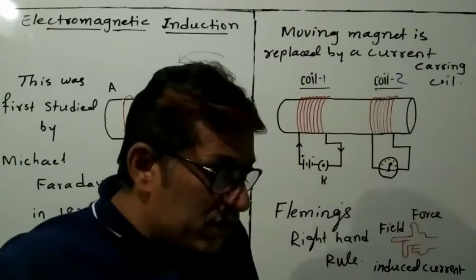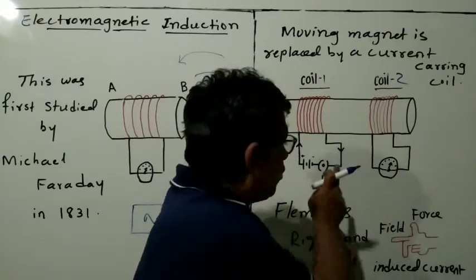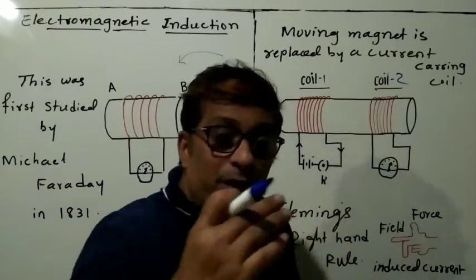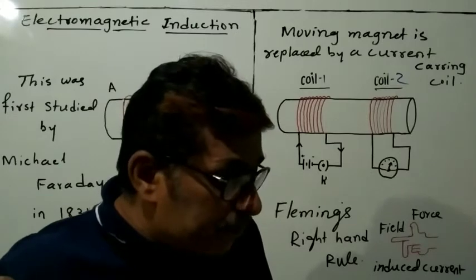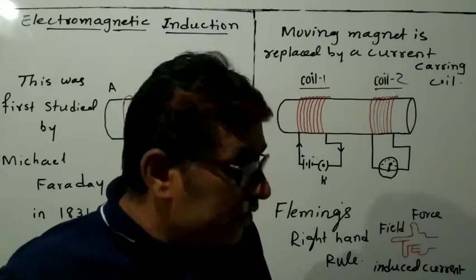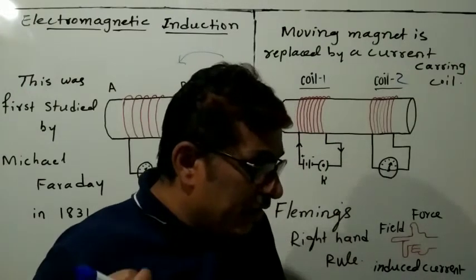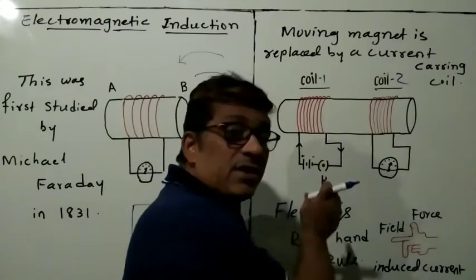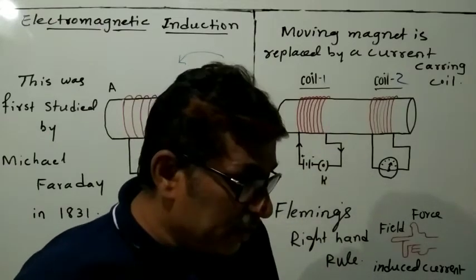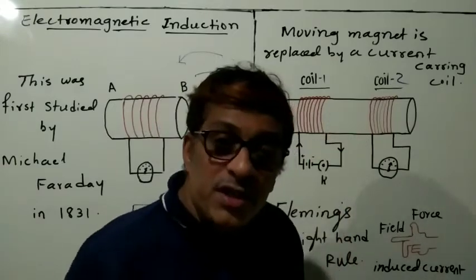As the current in the first coil changes, the magnetic field associated with it also changes.